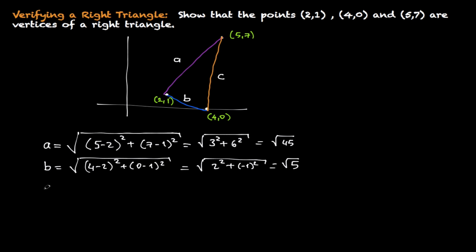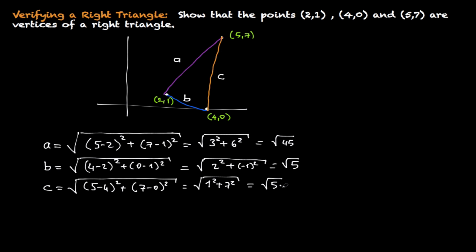And finally, C is, my friends, the square root of (5 minus 4) squared, with the distance formula we are using, plus (7 minus 0) squared. This is 1 squared plus 7 squared, which is obviously the square root of 50.